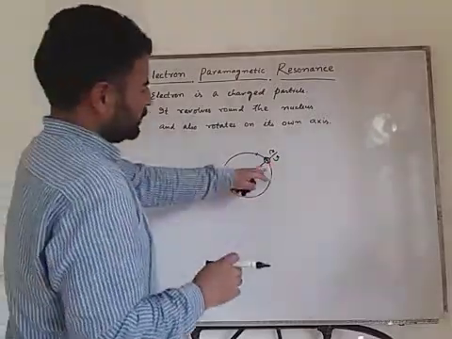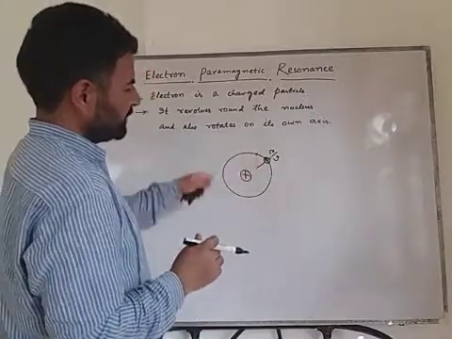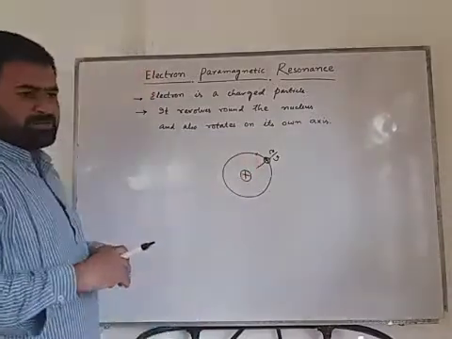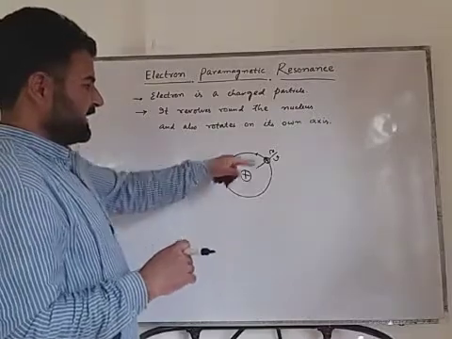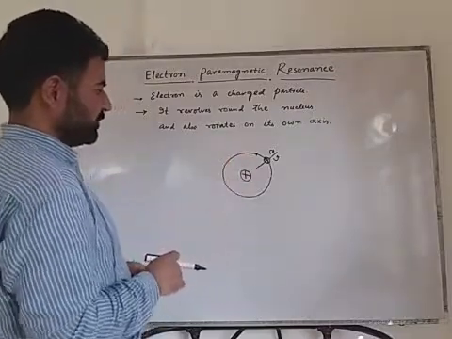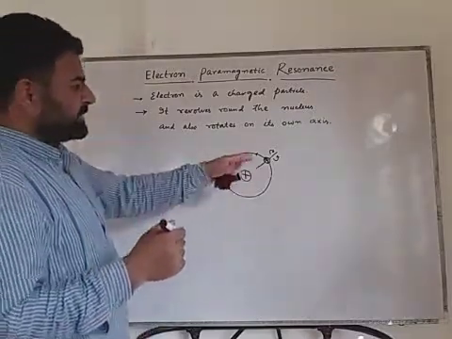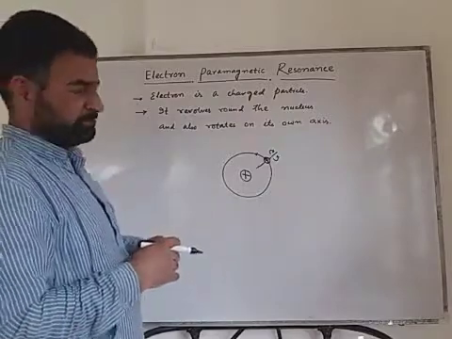So when an electron revolves around the nucleus in a circular orbit, in classical mechanics we say that it is associated with some orbital angular momentum.